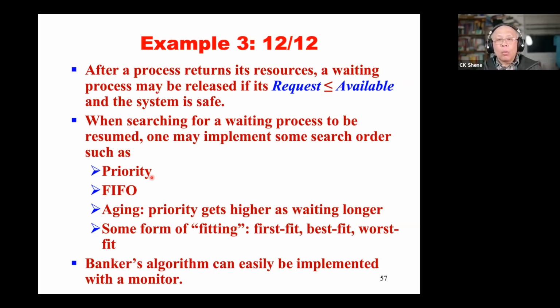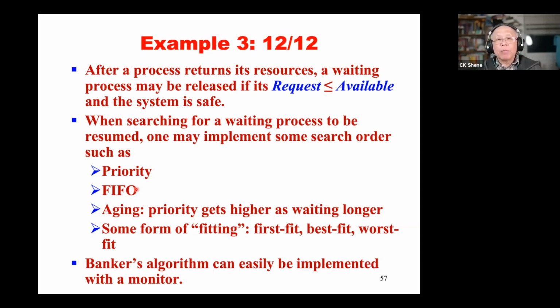So the ordering of waiting processes could be based on priority. The first one has the highest priority. The second one is the second highest priority. The last one is the lowest priority. So you search the waiting processes by examining priority from highest to lowest.